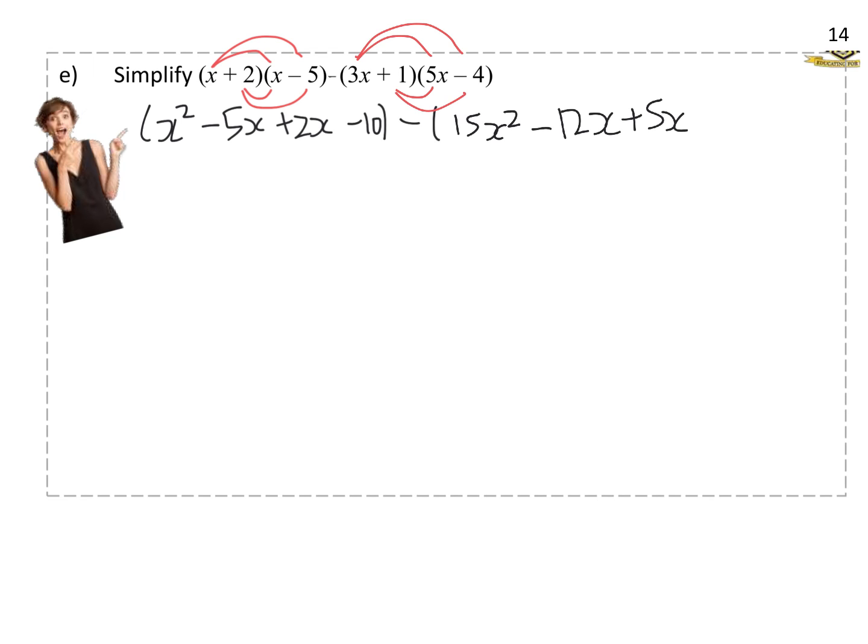And 1 times minus 4, which is minus 4. Before we go any further, we'll simplify those two brackets. So we have x squared, we have minus 5x plus 2x, minus 5 plus 2 is minus 3x.